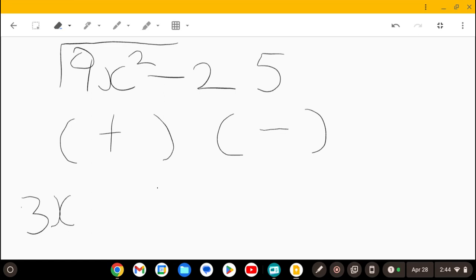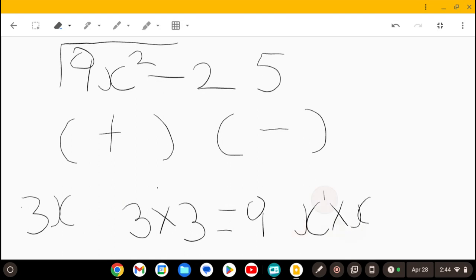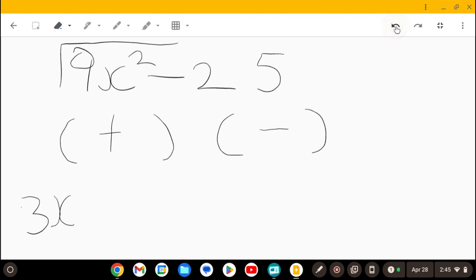If you multiply 3 by itself 2 times, you get 9. If you multiply x by itself 2 times, this will give you x squared, because x times x gives you x squared. So the square root of 9 is 3, and the square root of x squared is x.